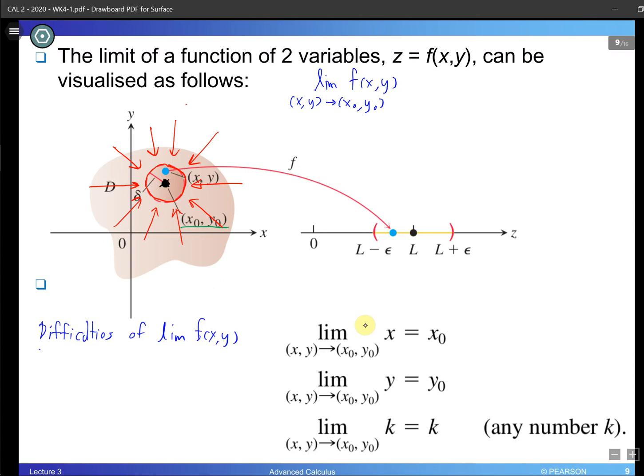The first one is the number of the subdirectional limits. Number one is the number of sub, or you can say directional limits. We have lots and lots of them, and we need to check them.